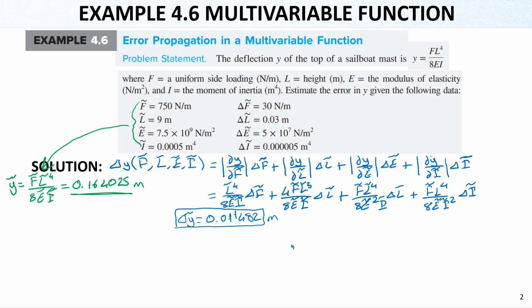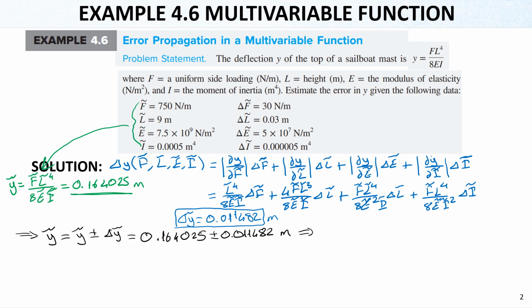And if we write these down together, we will find the prediction is made y tilde plus minus delta y, like this. And it is 0.164025 plus minus 0.011482 meter, which shows that the error is in between plus minus 0.01 of the predicted value.